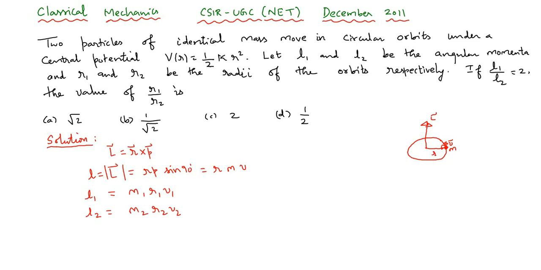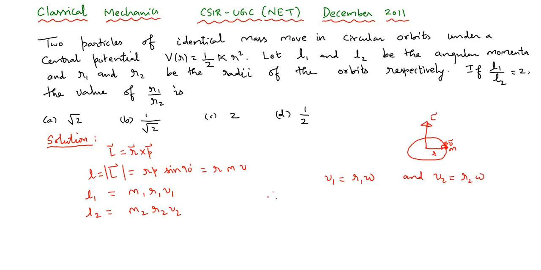So v1 is equal to r1 omega, and v2 is equal to r2 omega.